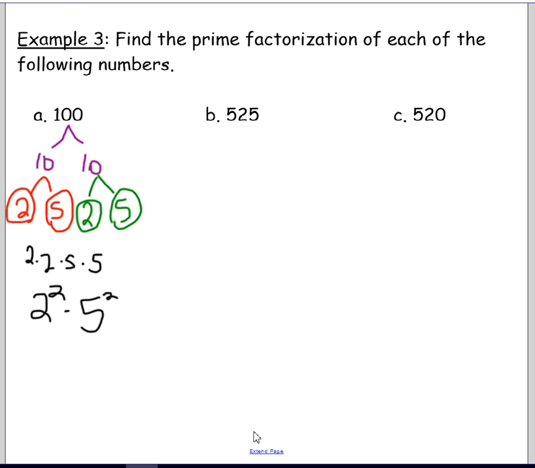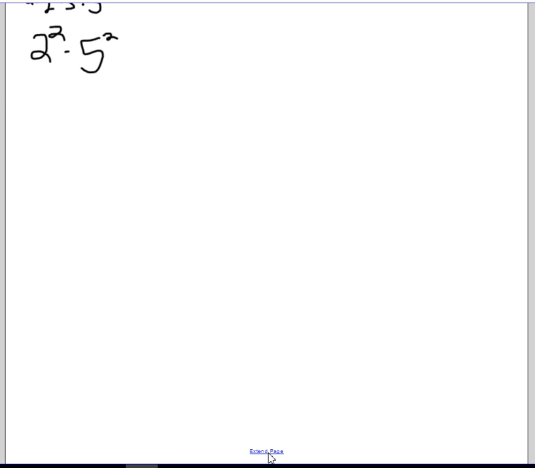But what I want to show you now with 100 is that there is more than one way that you can break down a number often. Now if it's just like 21 with 7 times 3, those are the only 2 numbers you can get. But let's take our 100 again.